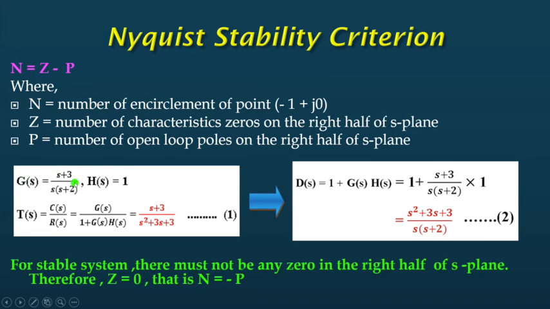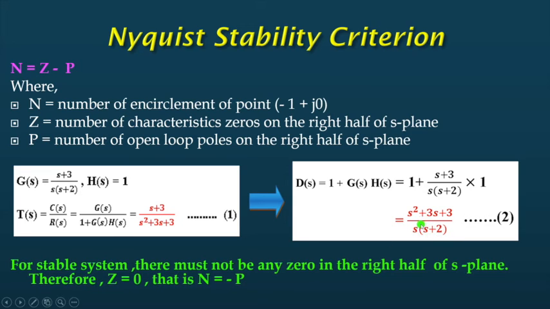Then, this is the open loop transfer function. So the open loop poles are, if we consider the denominator equal to 0, s equal to 0 and s equal to minus 2. And this is the denominator of the characteristic equation. So the characteristic equation poles are s equal to 0 and s equal to minus 2.